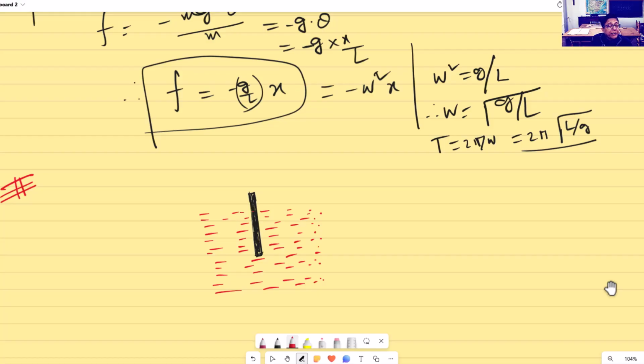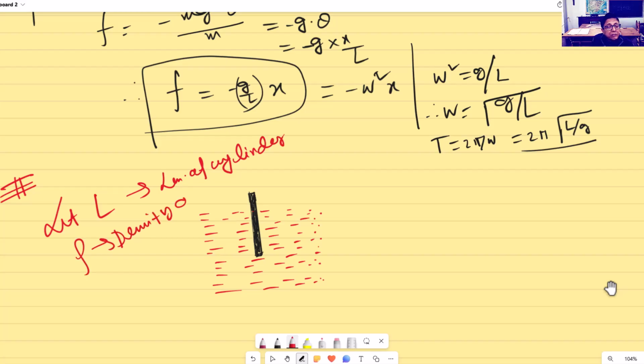Let L be the length of the cylinder. Rho stands for density of cylinder, and sigma stands for density of liquid. Okay? Particle is disturbed slightly and then released.